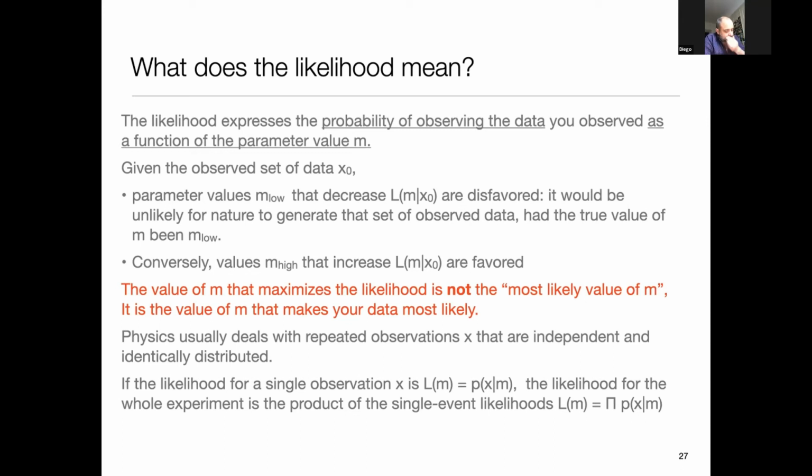And then there is a technical point: since physics usually deals with repeated observations that are independent and identically distributed, the likelihood for independent and identical observations is the product of the single event likelihoods.